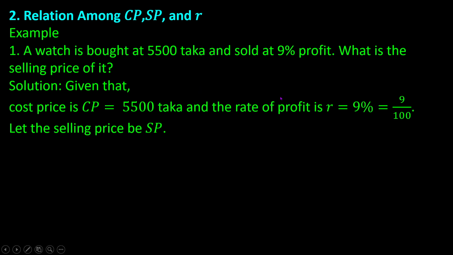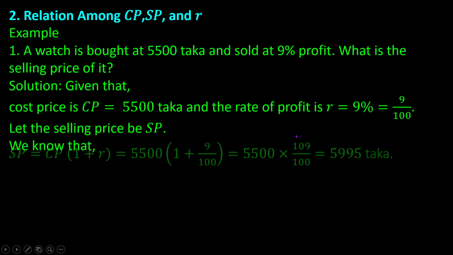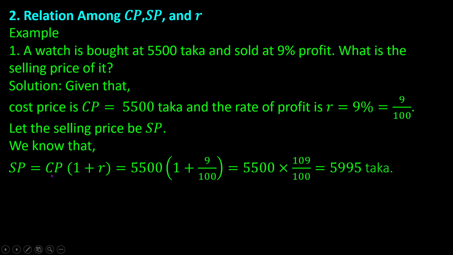Again, we know the relation among CP, SP and R is SP equals CP times (1 plus R). Since here R is the rate of profit, we put the plus sign. Putting the values of CP and R, we get 5,500 times (1 plus 9 by 100) equals 5,500 into 109 by 100.